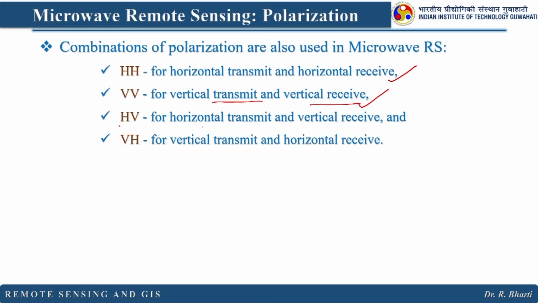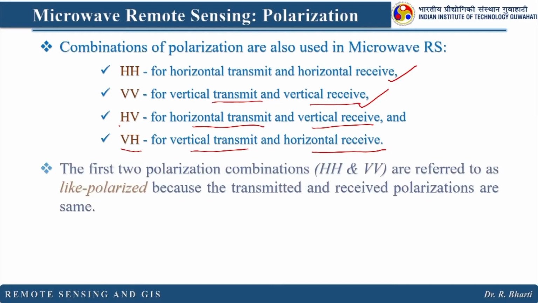In HV, it is horizontal transmit, vertical receive. In VH, vertical transmit, horizontal receive. Here we are making use of the technology to extract maximum information using these microwave energies, and we are measuring the backscatter.